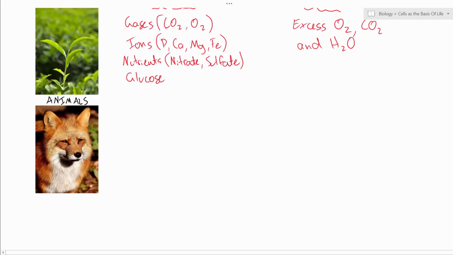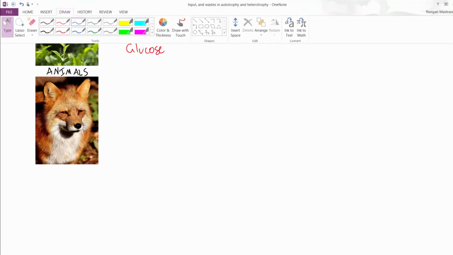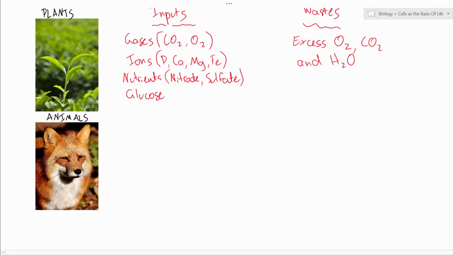Animals' main inputs, so their requirements, the things that they need. We're going to see some similarities and some differences to plants. They need gases such as oxygen in order to carry out aerobic respiration.